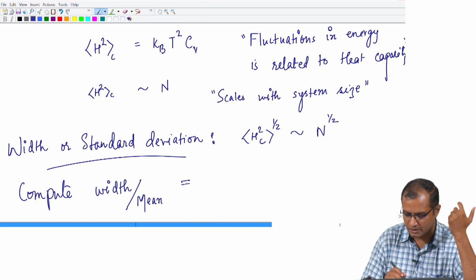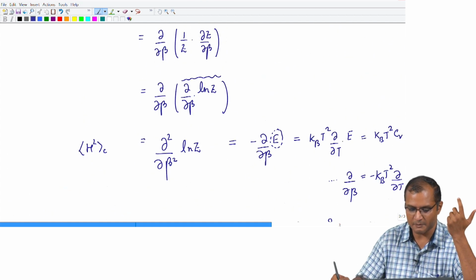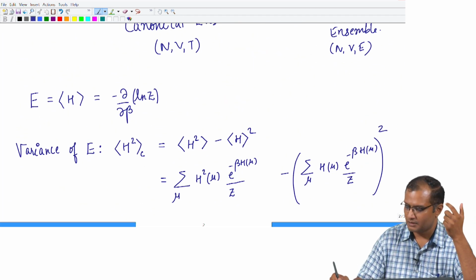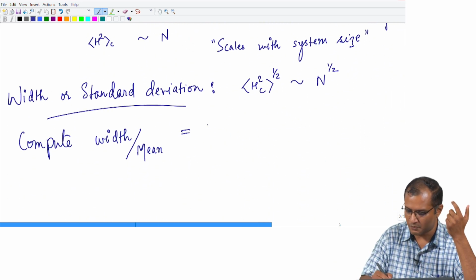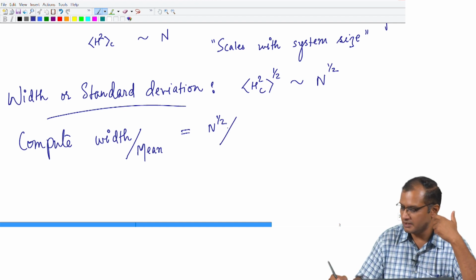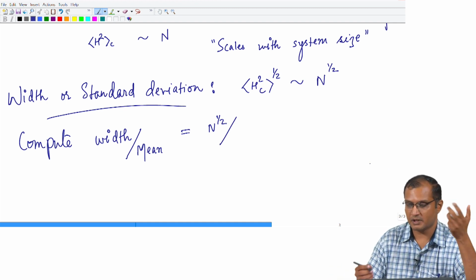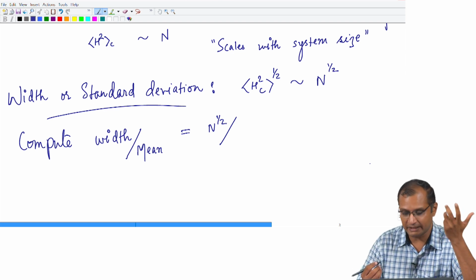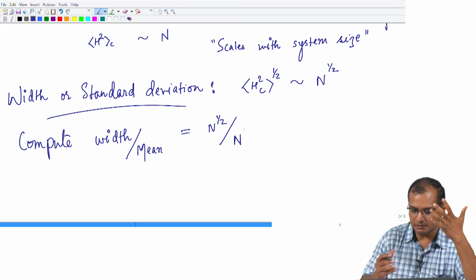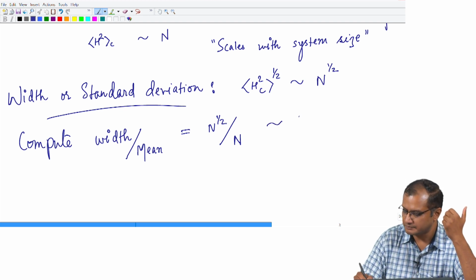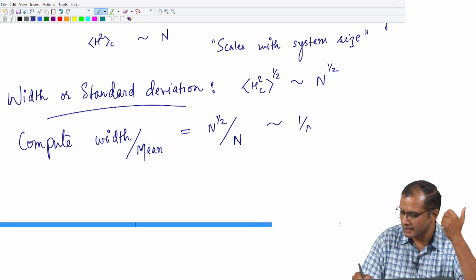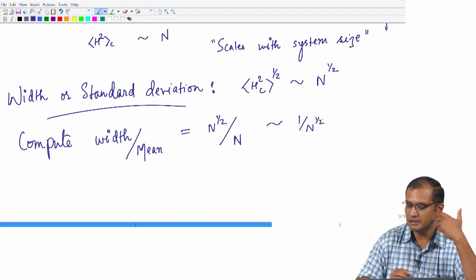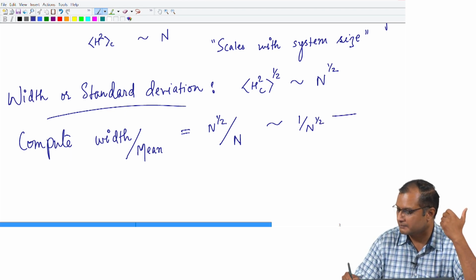Width has already been computed here, which is square root of N, and the mean is the energy itself, and I know energy scales as N because energy goes as 3 by 2 N kT. So, the width over mean will scale as 1 upon N to the power half, and as N goes to infinity in the thermodynamic limit, this will go to 0.